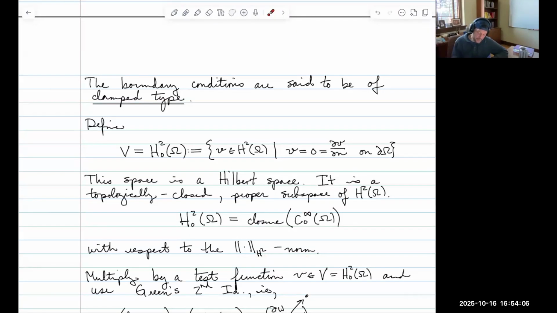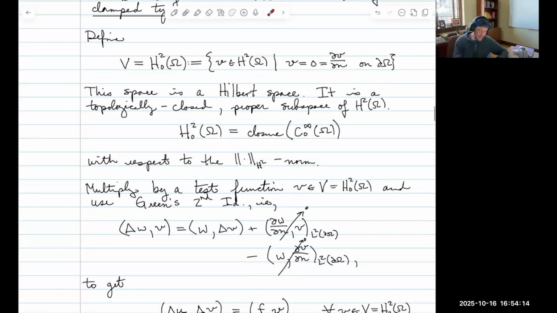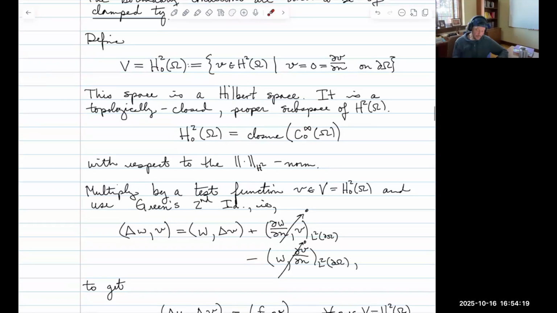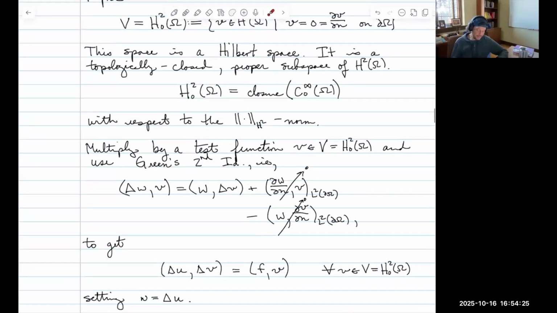So this is the closure of this space under that norm. That's how you get that space. You can also define it this way and it will make sense. But proving that these are actually equal takes a bit of analysis.